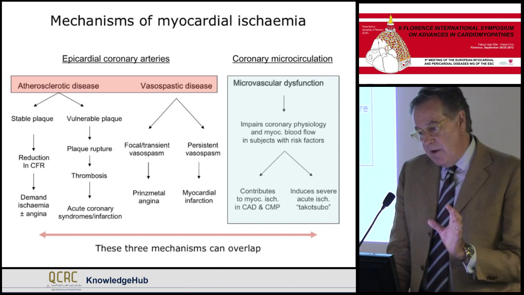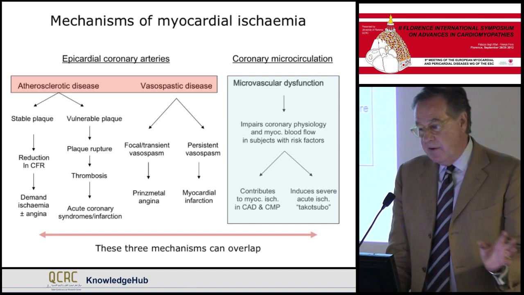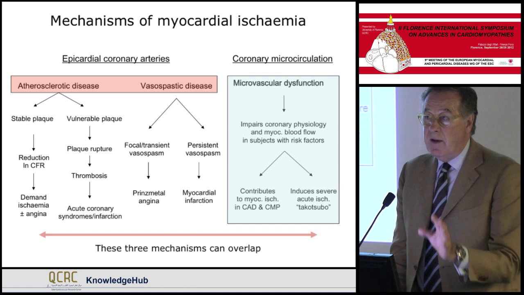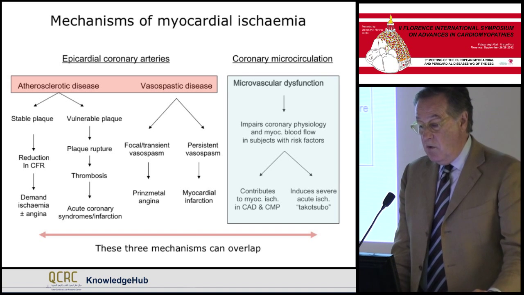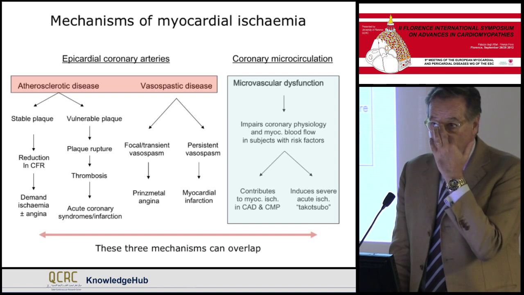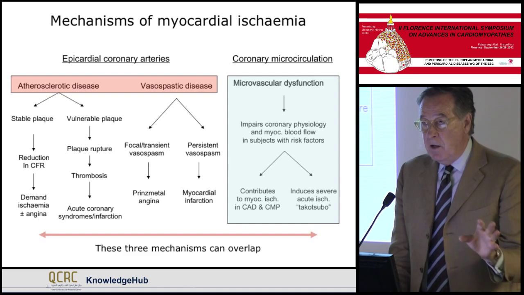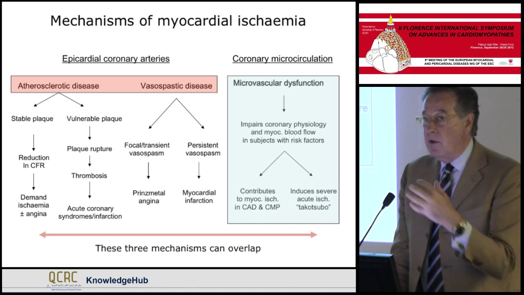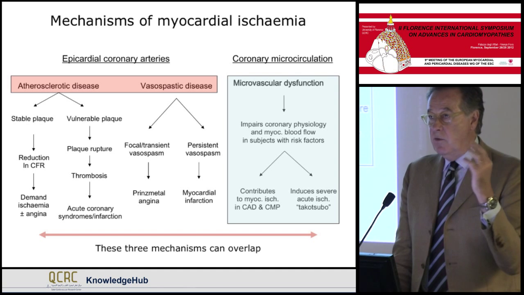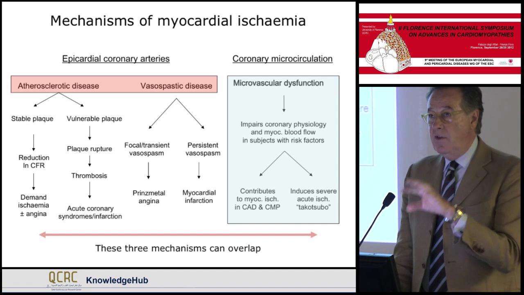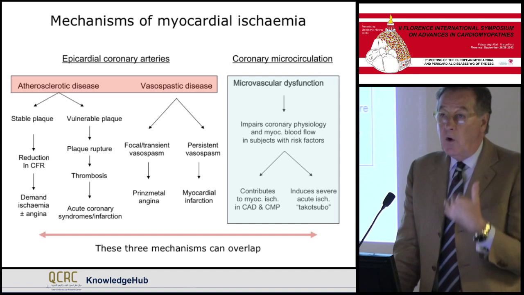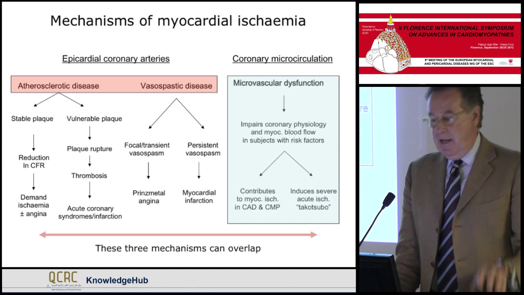Now, my view is that in addition to these two mechanisms, there is a third mechanism which involves the coronary microcirculation, and this leads to microvascular dysfunction. So you can have an impairment of flow reserve due to microvascular dysfunction with different mechanisms. This can be preclinical in patients with risk factors, so you study patients with hyperlipidemia, patients with diabetes, and you see that the flow reserve is limited because of microvascular dysfunction before they develop any epicardial disease.